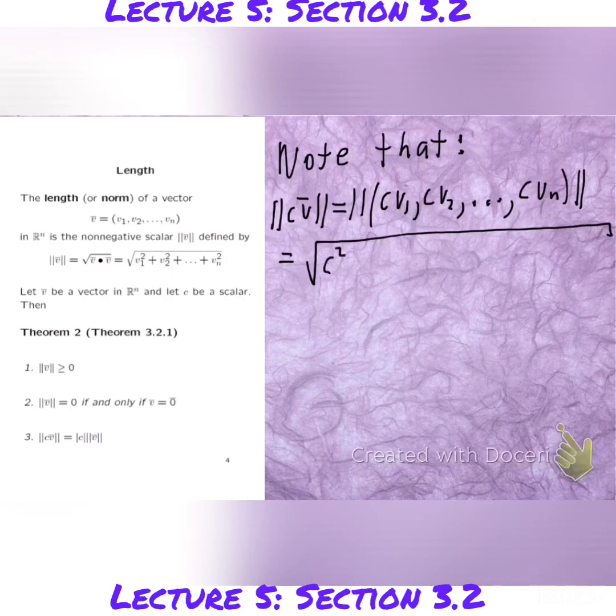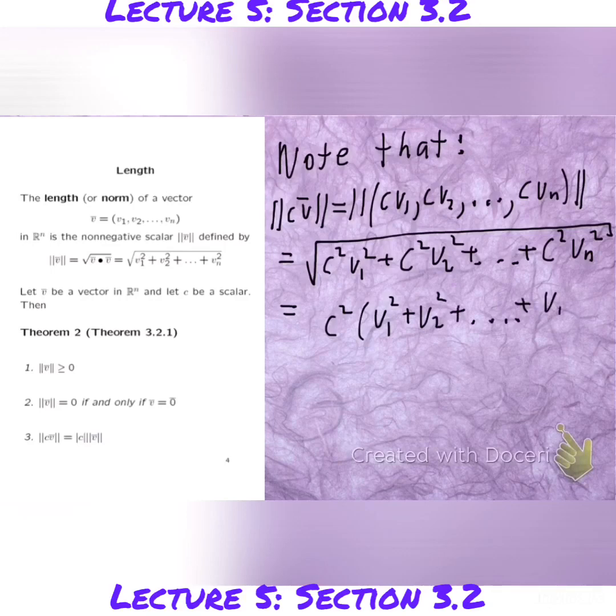So that's going to be c squared v1 squared plus c squared v2 squared up until c squared vn squared, and that is going to be c squared multiplied by v1 squared plus v2 squared plus up to vn squared. It's going to be the square root of that.